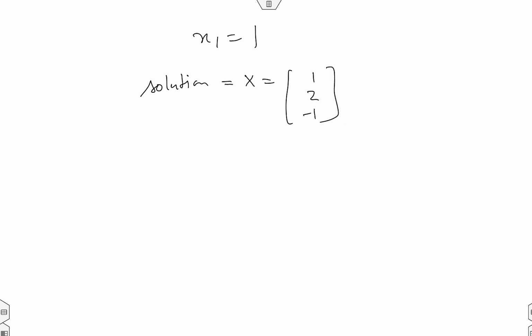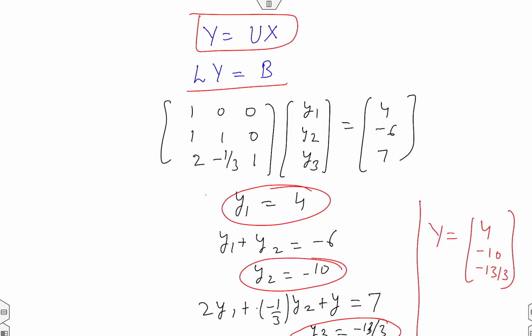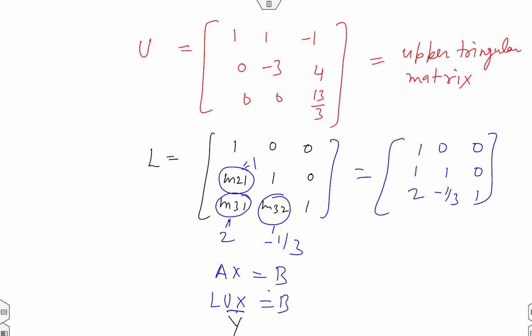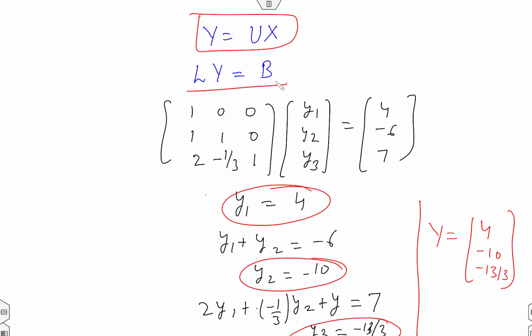I just want to tell you one thing: whenever we compute y from Ly equal to B, we are using forward substitution, since we compute y1 from the first equation, y2 from the second, and y3 from the third, in the downward direction.